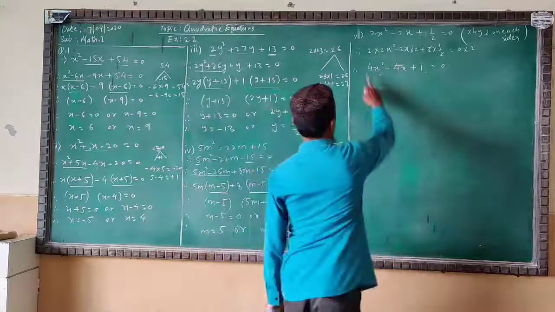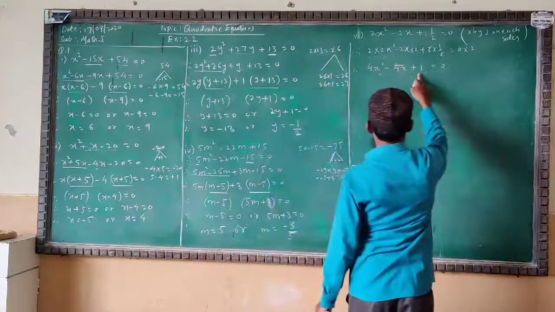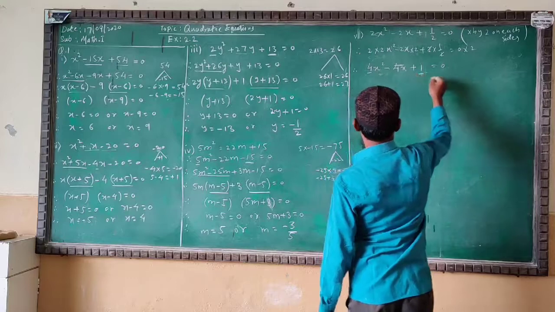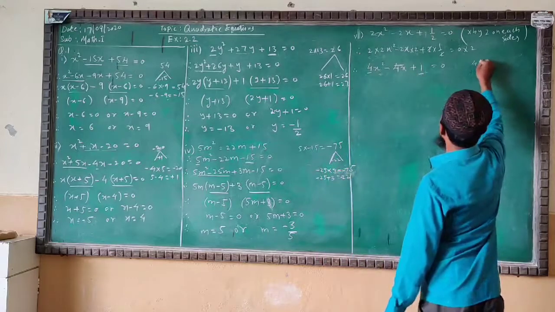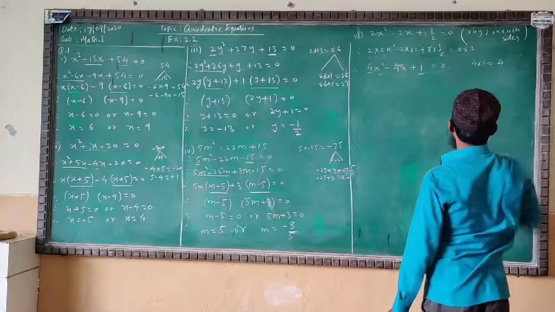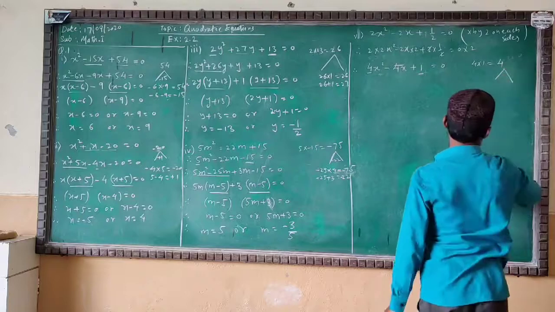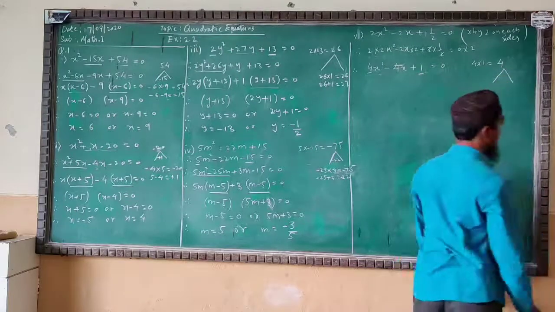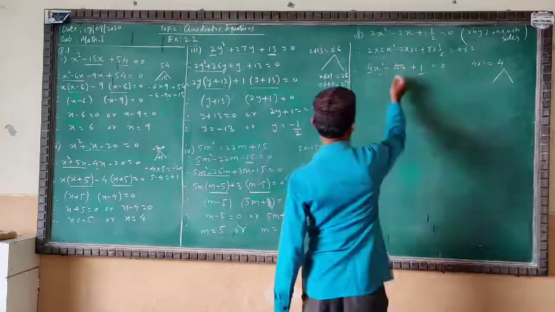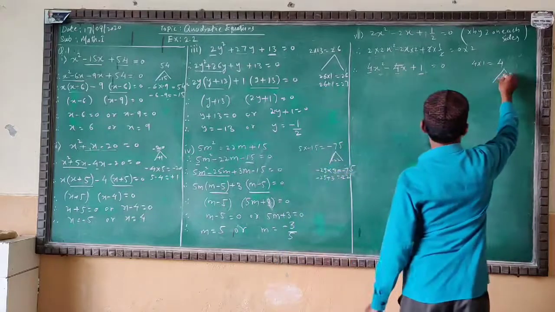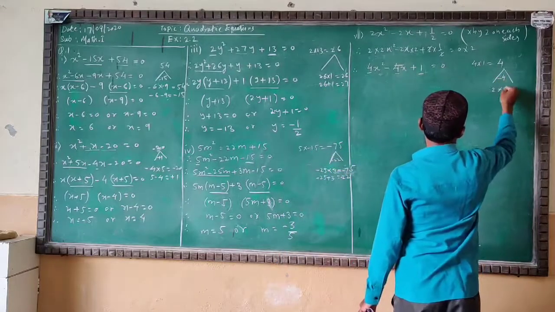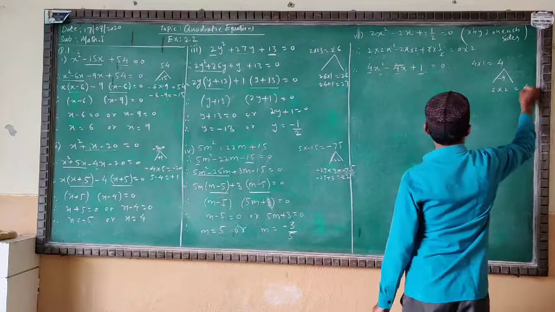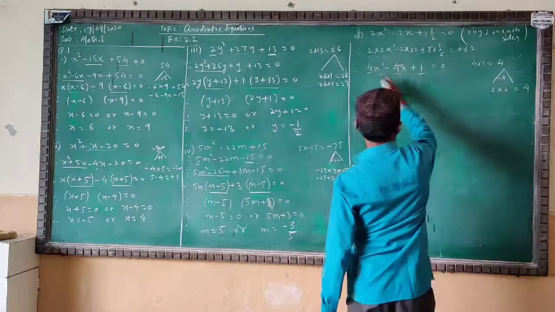What? 4x square minus 4x plus 1. See, the product of first and last term: 4 into 1, we will get 4. Now here we have to find the numbers. The product must be 4 and the addition must be minus 4. So you take 2 into 2, 4. The minus sign is here.